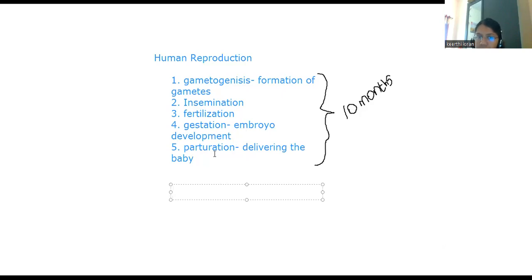After the 10th month comes the process called parturition, delivering the baby. In these months the embryo grows from a single cell into a multicellular organism, a complex human body.